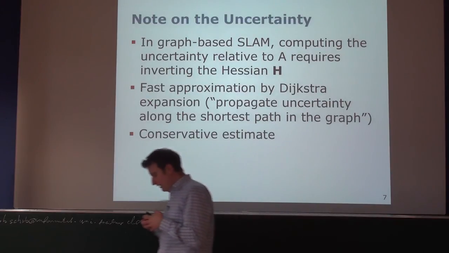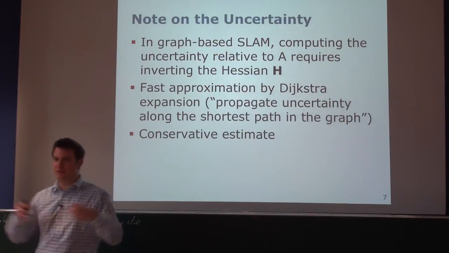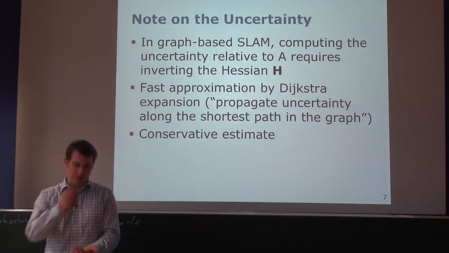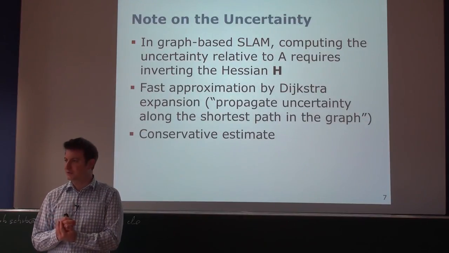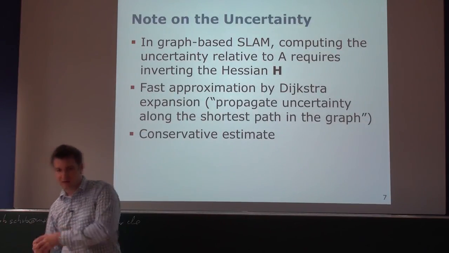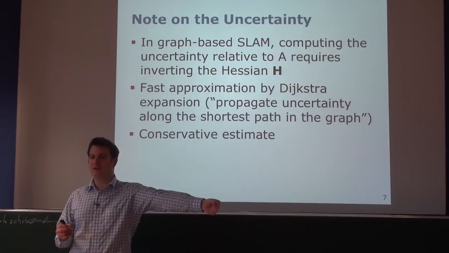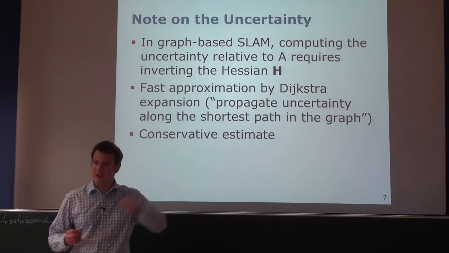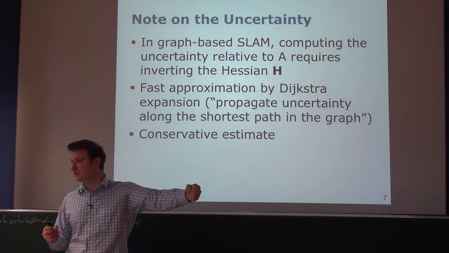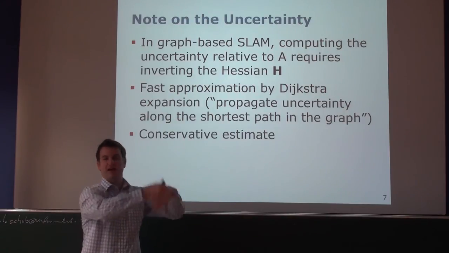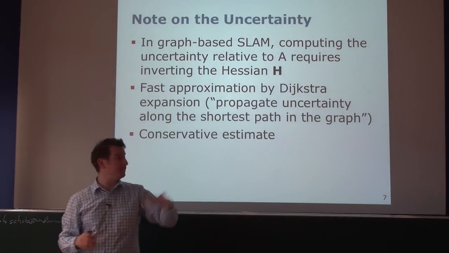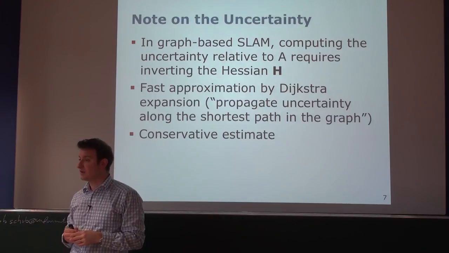So we propagate the uncertainties through the graph. Where the robot is right now, I assume there is 0 uncertainty. Then I traverse the edge which generates the smallest increase of uncertainty to the next node, and I go on and always increase the uncertainty until I reach all the poses I'm interested in looking into.